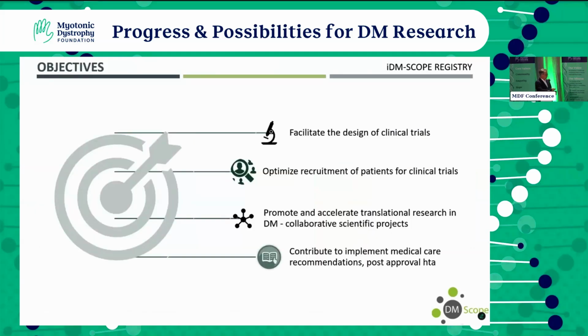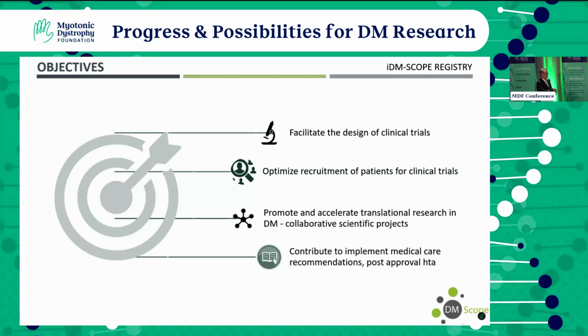So these are the objectives, and we are currently working on how to promote and accelerate translational research for DM. This is how we integrate it in the Institute of Myologie, with the basic research and clinical trial units.